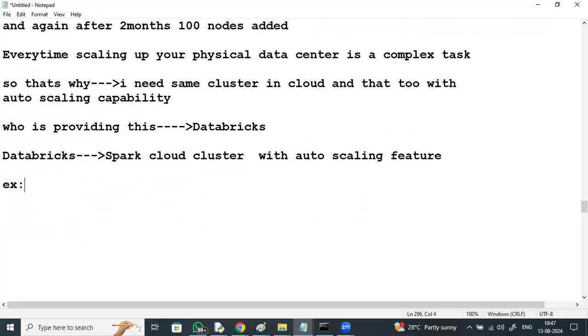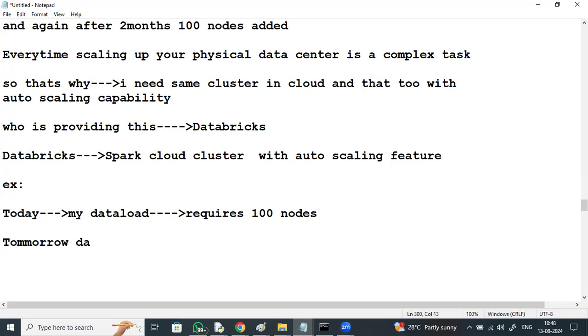For example, today my data load requires 100 nodes. Tomorrow data volume increased. It has to be extended to 200 automatically.